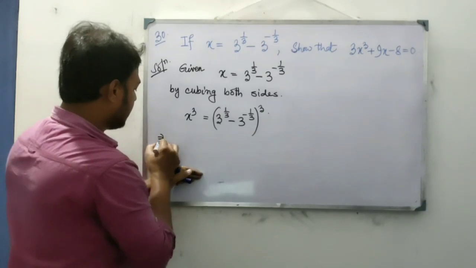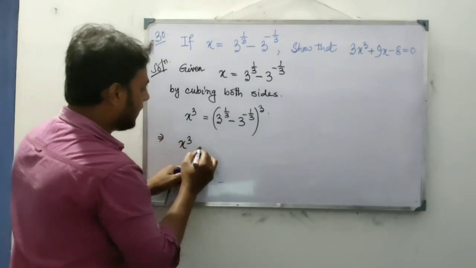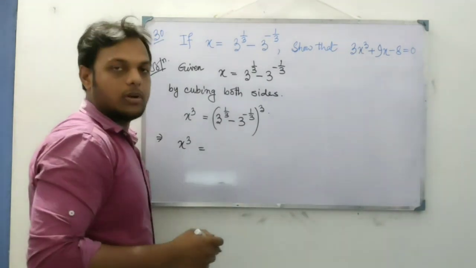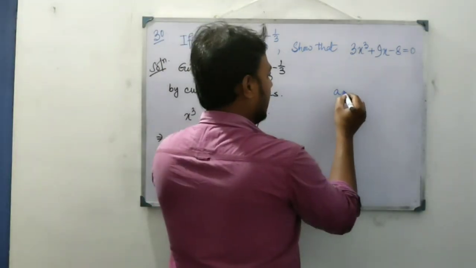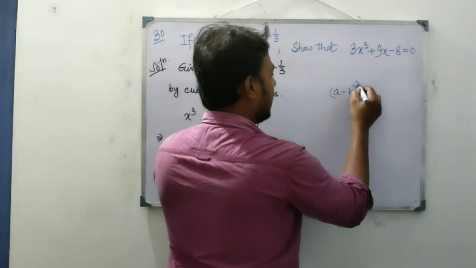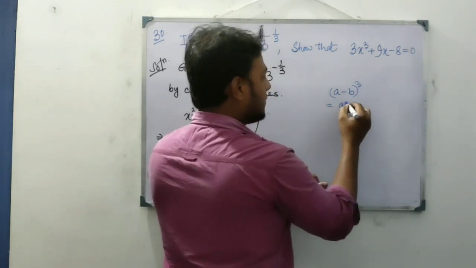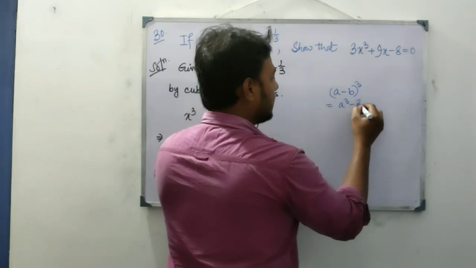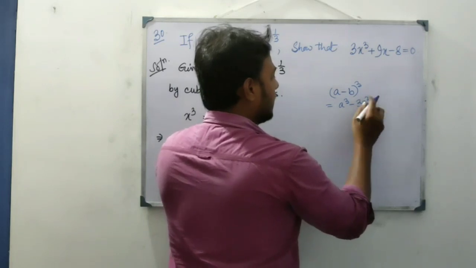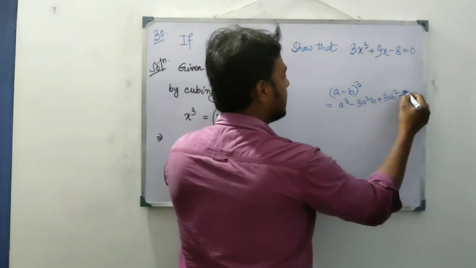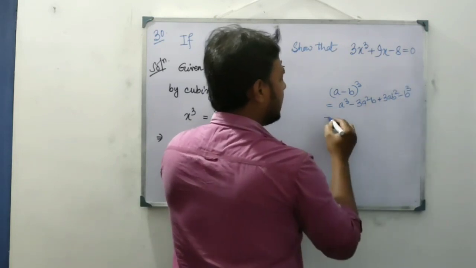Now apply the identity for a minus b whole cube. In general, a minus b whole cube means a cube minus 3a square b plus 3ab square minus b cube. We can rearrange it.